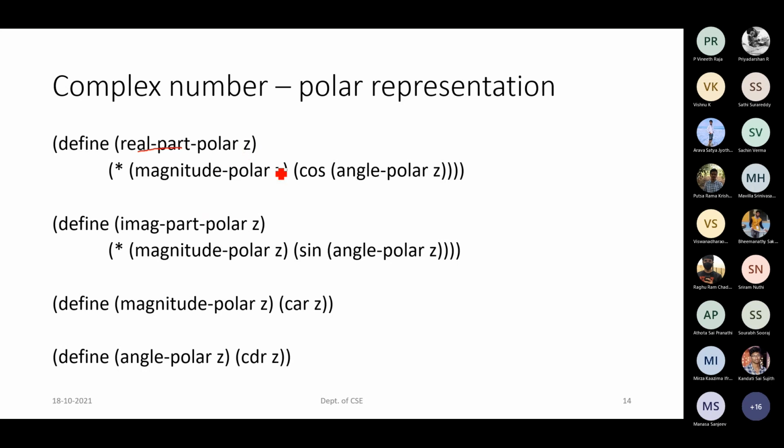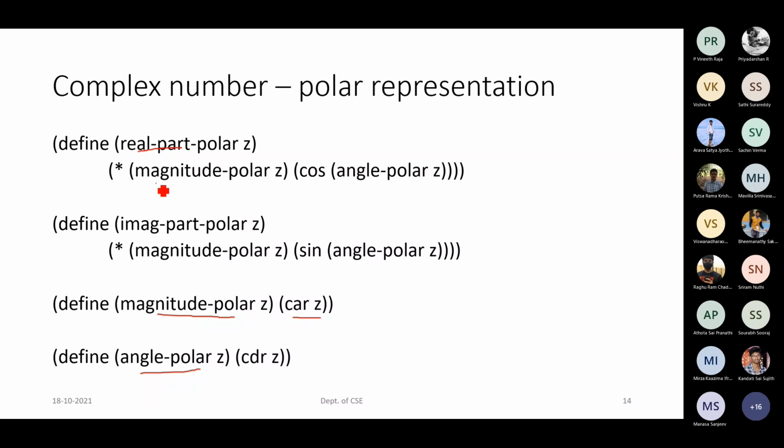So magnitude of polar we can use. Since our complex number is in the polar form representation, I have defined this magnitude-of-polar procedure, where I directly extract the magnitude value. Similarly, for angle of polar, we can directly extract the second argument, which is the angle. These two procedures I can use for calculating the real part from the magnitude and angle.